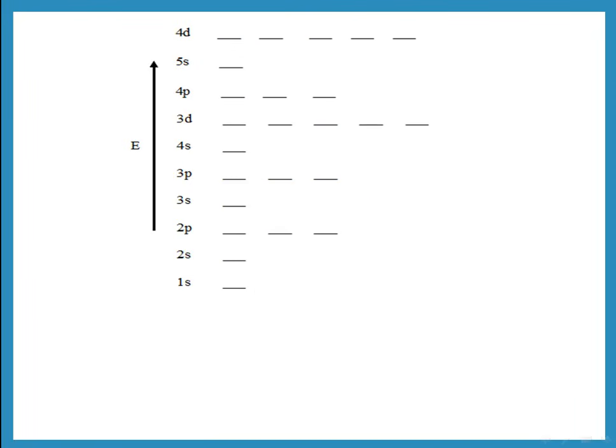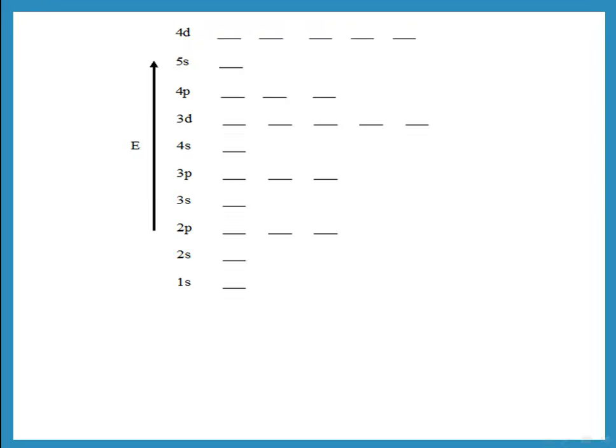So if we write it this way, I need to go from the bottom up, because the one at the bottom is the one that is nearest to the nucleus. This is the one with the lowest energy level. As I move away from the nucleus, the energy increases. So I need to fill the 1s first, and then the 2s, and then the 2p, and then the 3s, and so on.